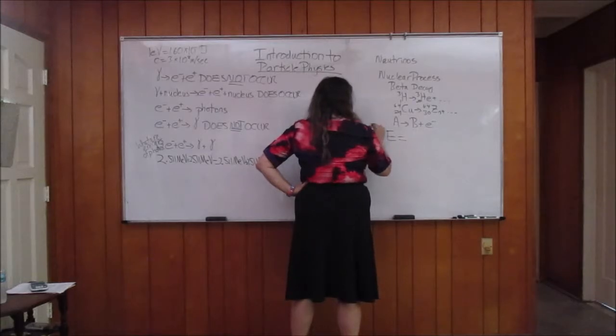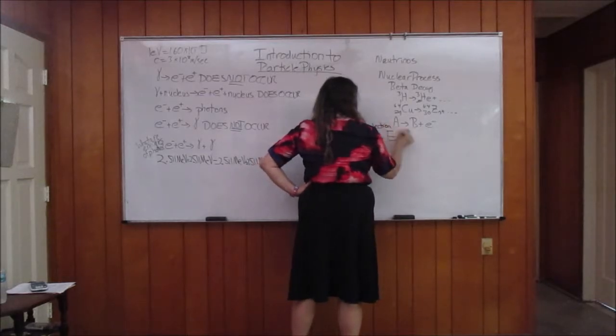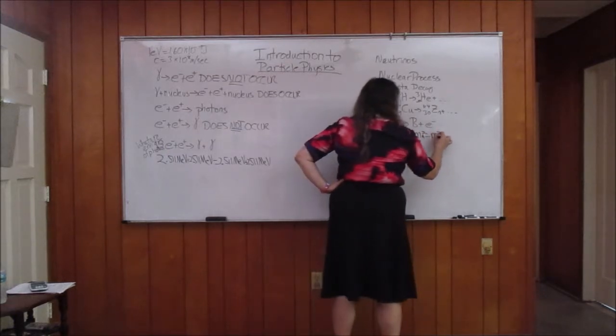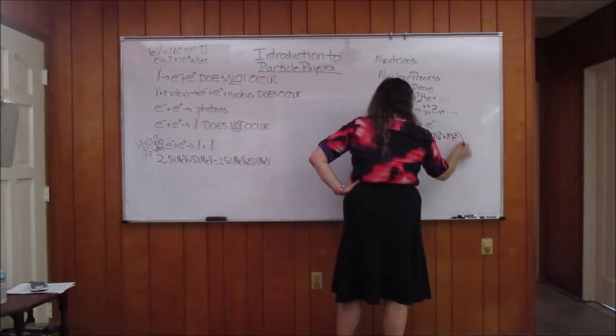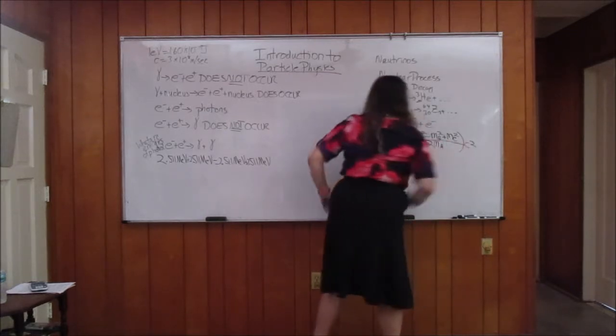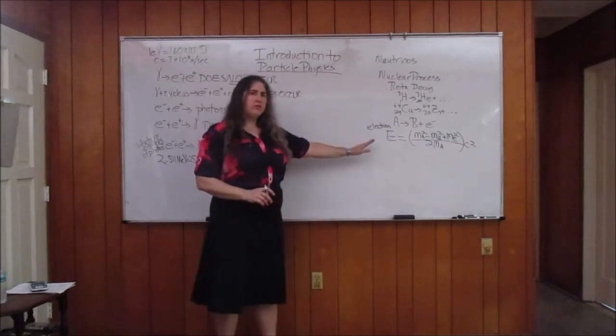Now, by making use of conservation of energy and conservation of momentum as well, what you'll see is that the energy of the electron is equal to m_A squared minus m_B squared plus m_e squared, all over 2 m_A c squared. I'm not going to derive this expression.